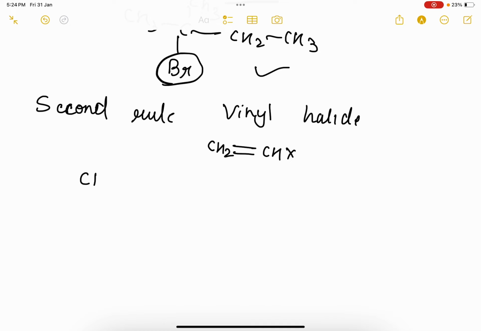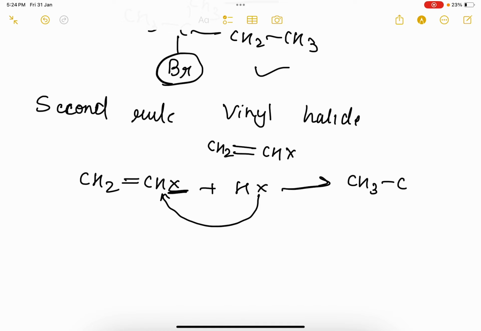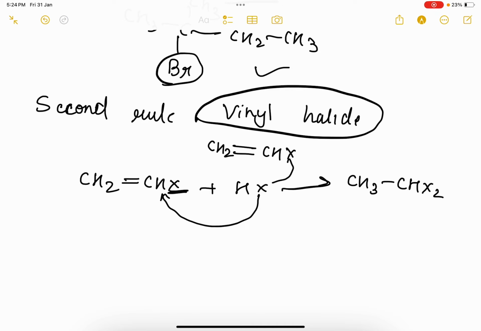So if we add HX in vinyl halide, the halogen goes to that carbon which already contains a halogen. So the product is CH3-CHX2. That is the second rule of Markovnikov. In a vinyl halide, the halogen goes to that carbon which already contains a halogen.